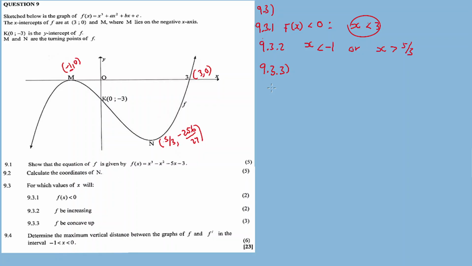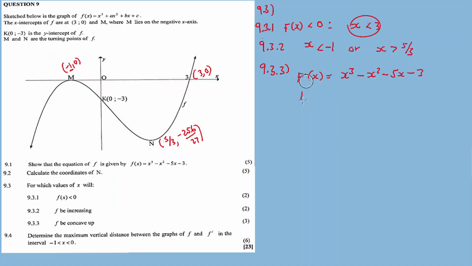So looking at the second derivative of f of x. f of x is equal to x cubed minus x squared minus 5x minus 3. This is f of x, not f prime.